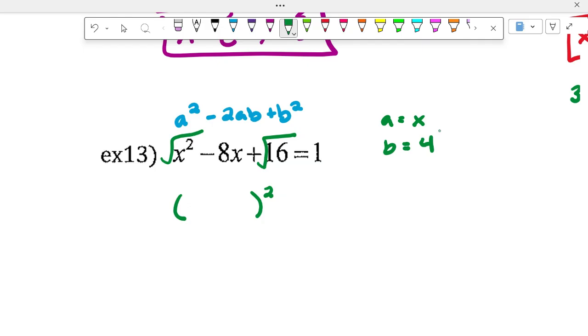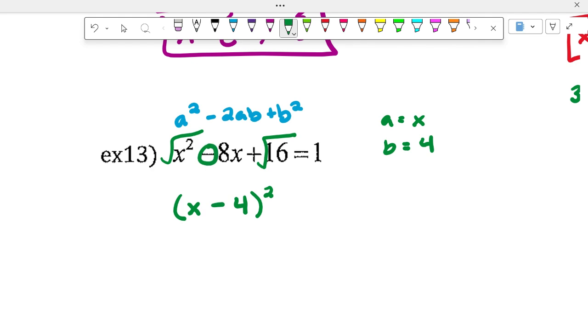It has to do with these values and then something else. So it'd be x and 4. What goes in between? A minus. Why a minus? Because it's the sign of the second term.